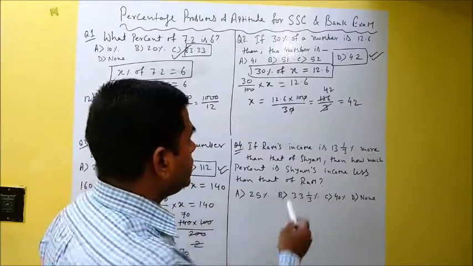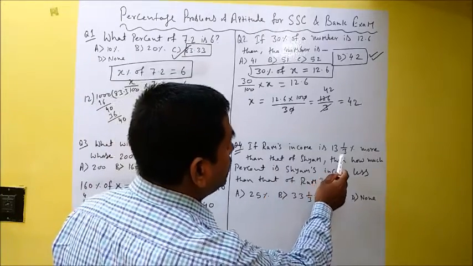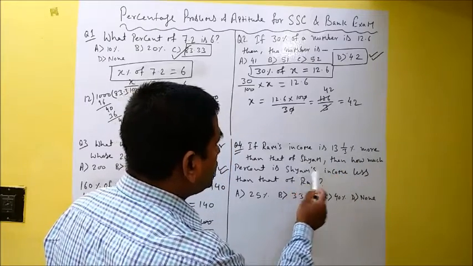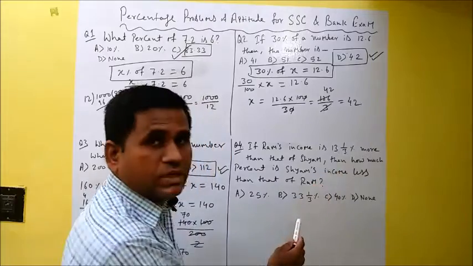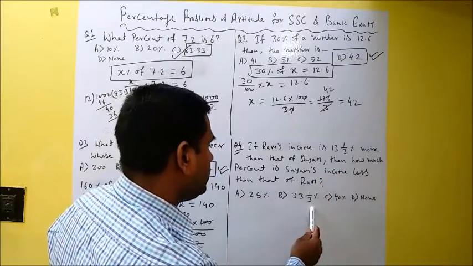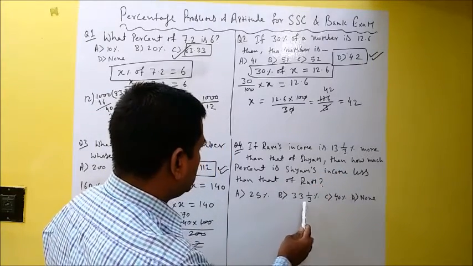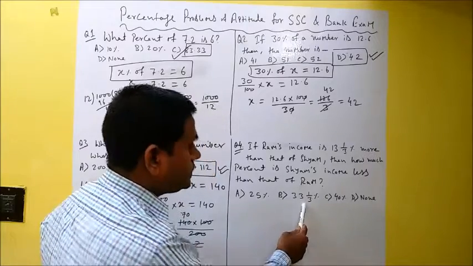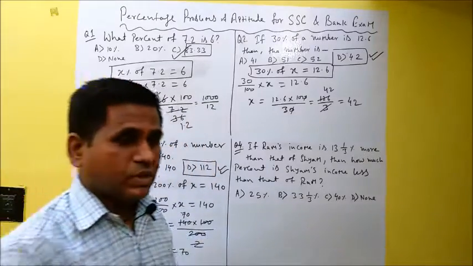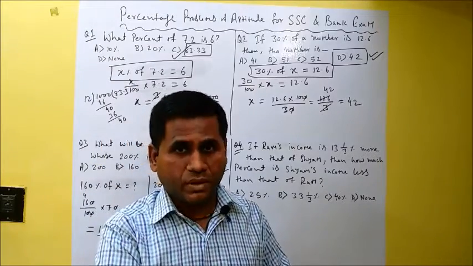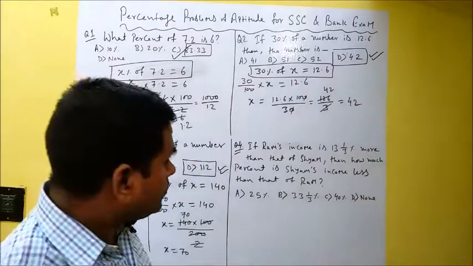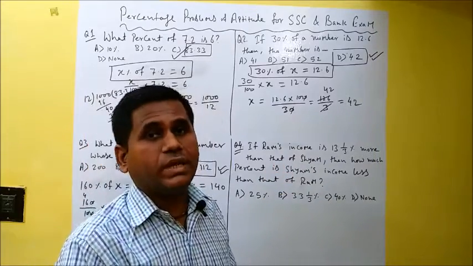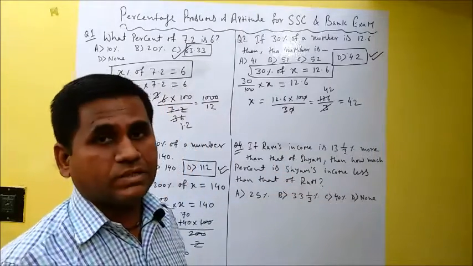Many people think that yes, Ram's income is 13 1 by 3% more than that of Shyam, so Shyam's income is the same percentage less. That is given in the options also, you can see 25%, 13 1 by 3, 40 and none. But this is definitely not the answer. It is not the same in this case or in any of these types of questions. And why it is not the same, I'll explain while solving.